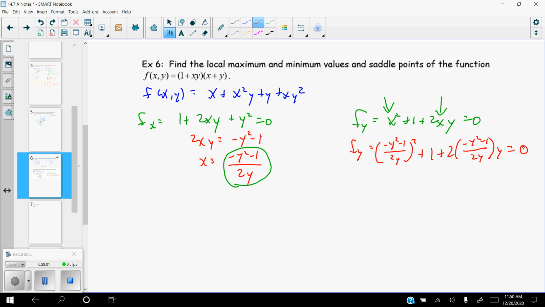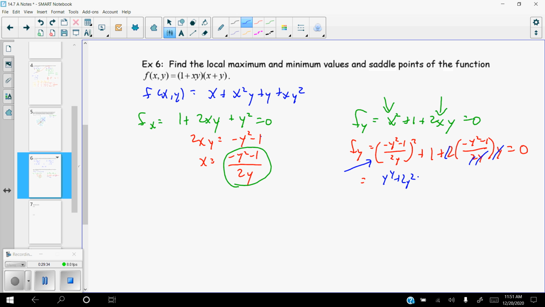All right, so if you can come up with a shorter way to do these, by all means do so. The only good thing about the one over here is that that 2 cancels that 2, that y cancels that y, so that just leaves us with a negative y squared minus 1. But this one, we still have to FOIL that thing out, FOIL the top and distribute on the bottom. So we are going to get, let's see, first times first is going to give me y to the 4th. So minus y squared times minus 1 is positive y squared. I have to have 2 of those.